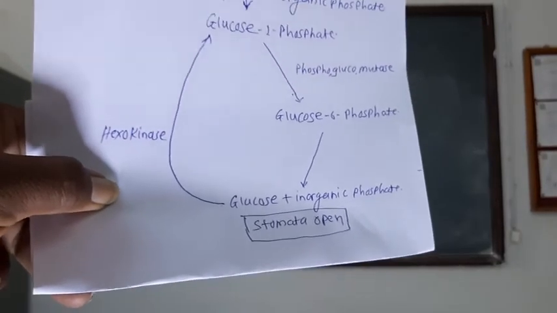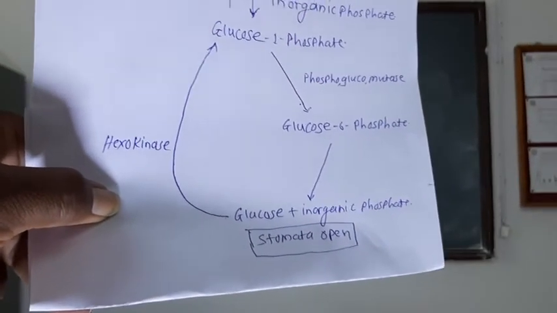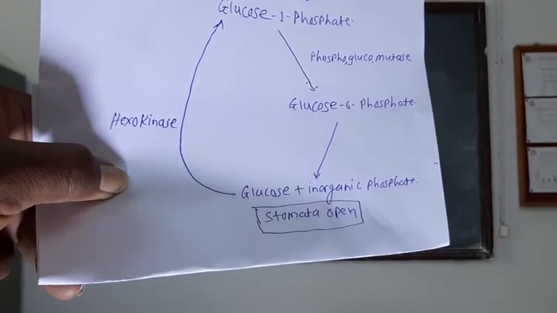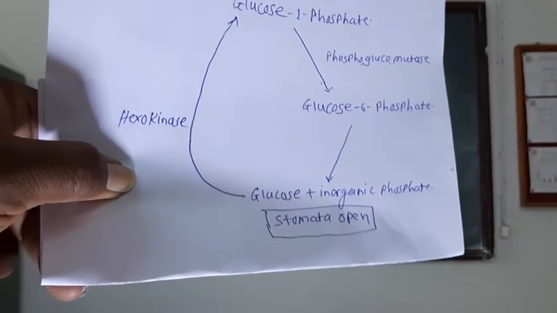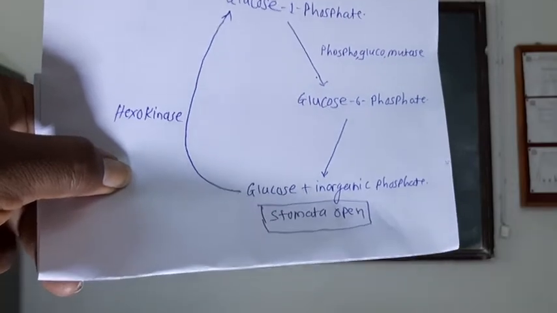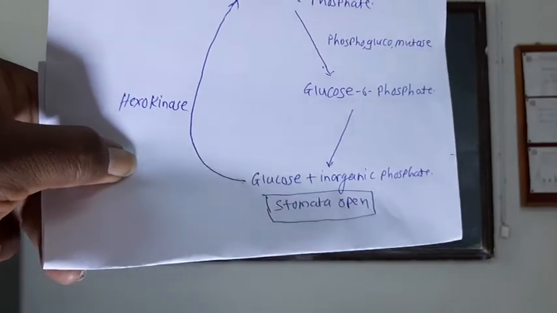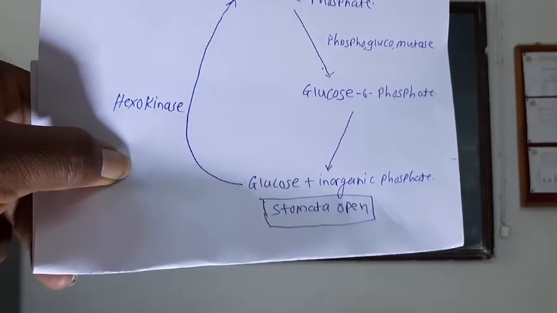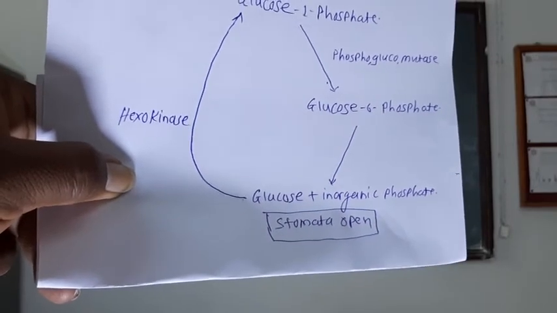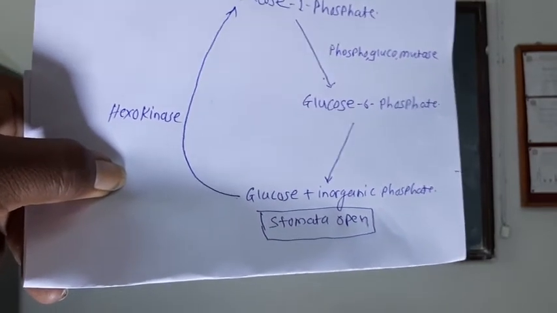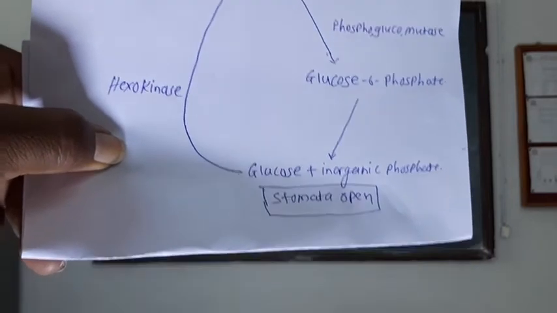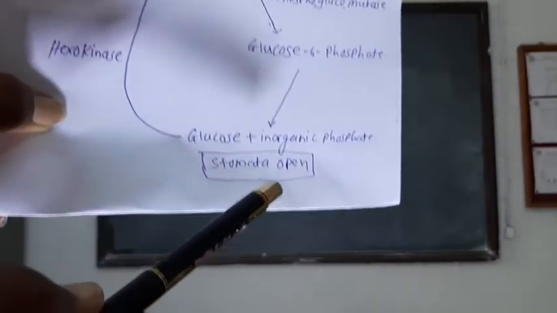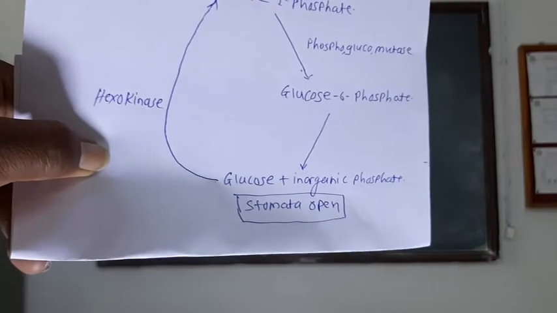Therefore, glucose dissolves in the guard cell, and the osmotic pressure of the guard cell increases, and water enters the guard cell from the neighboring cell, and guard cells become turgid, and there is opening of stomata.